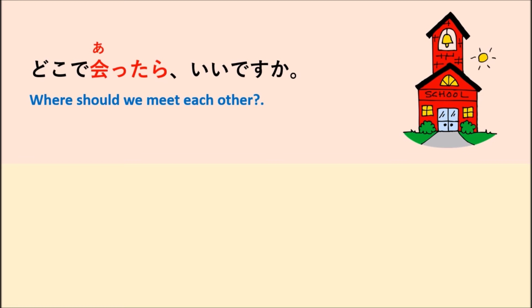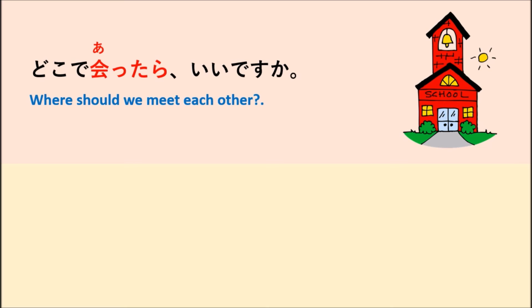And next we have the question どこで会ったらいいですか？ Where should we meet each other? In this case, for example, you talk with your friends, your teacher, your manager, or anyone else about where you should meet.